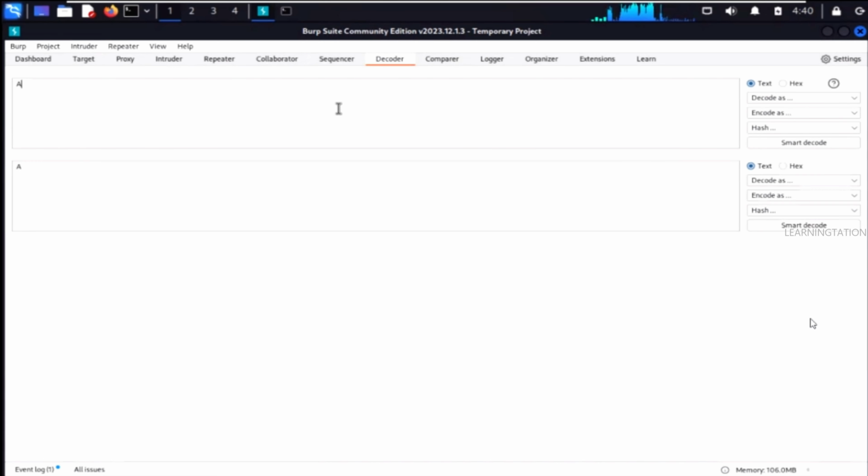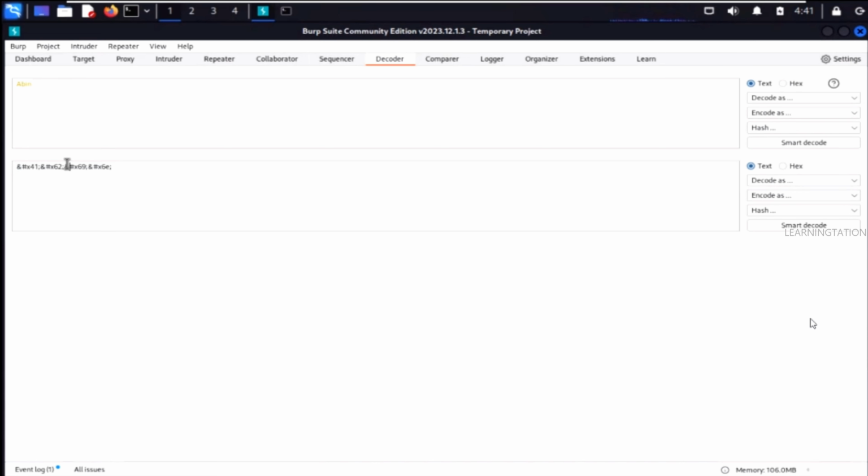If there is written a bin, and I want to encode it into URL encoding, it is converted like this. If I encode it in base 64, then how do you recognize it? In URL encoding, you will mostly see percent signs. If it is base 64, you will usually see an equal to sign at the end. If it is HTML, you will see an ampersand.